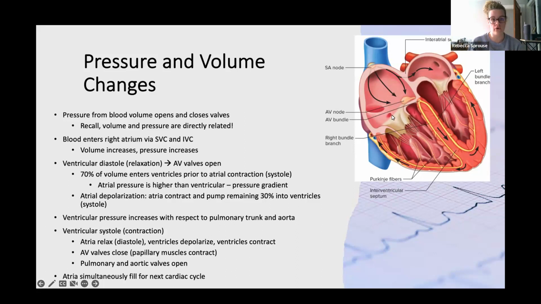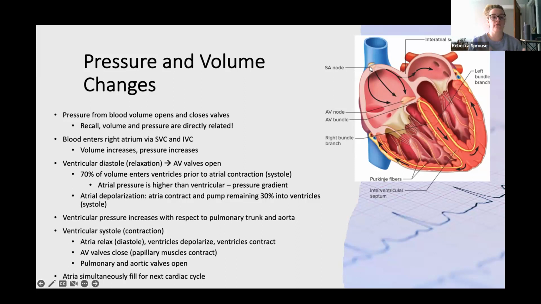This valve is closed. As that atrium fills, its pressure is going to be much greater than what's on the other side of this valve, which is the ventricular pressure, which is essentially nothing for simplicity's sake, right? That pressure buildup here in the atria is going to force that AV valve open. And that pressure is increasing as that SA node is firing.